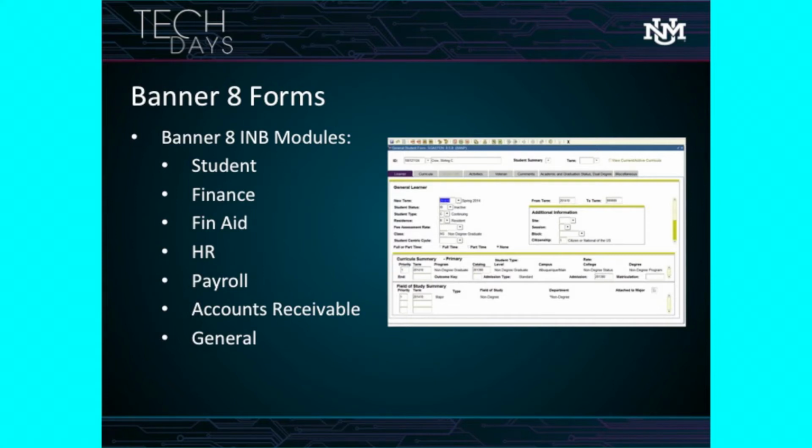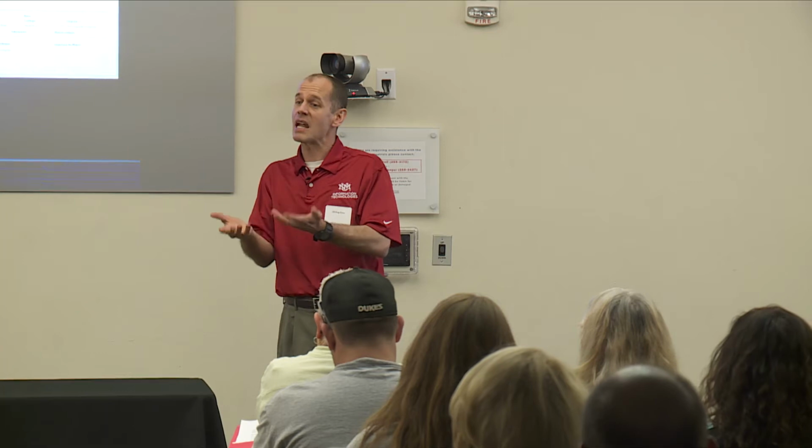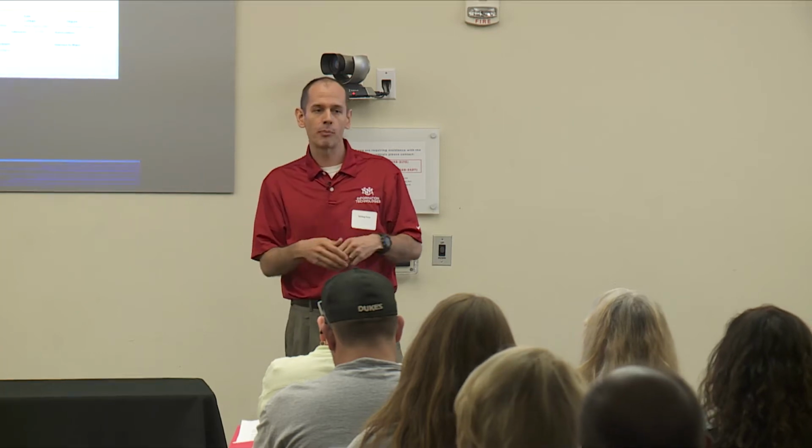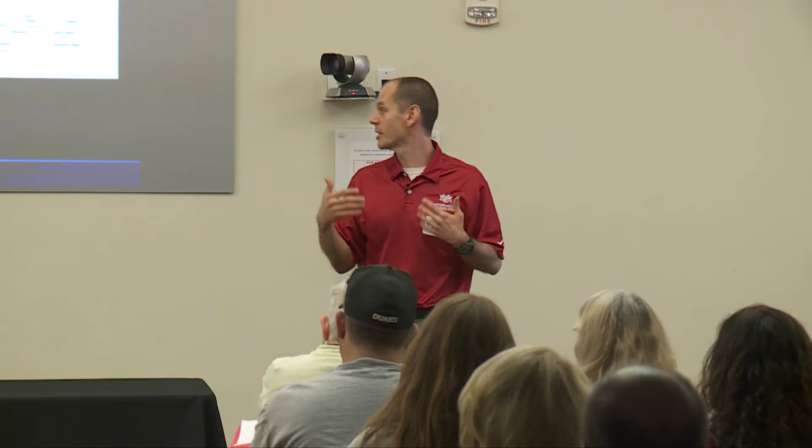And within Banner, you've got these different areas, right? You've got student, you've got financial aid, you've got human resources, which really is position control and payroll, accounts receivable in general. And you can tell if you're in a particular area by the name of the form that you're using. For example, Spaden. Raise your hand if you've ever been to Spaden before. Yeah, it's one of the main demographic forms.